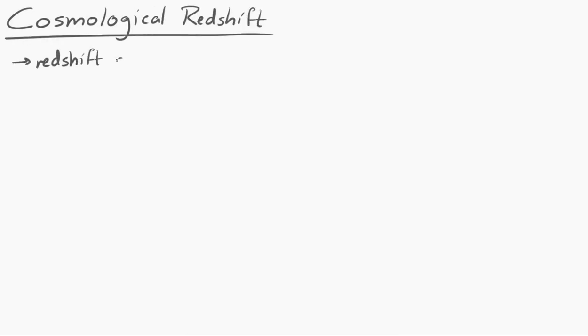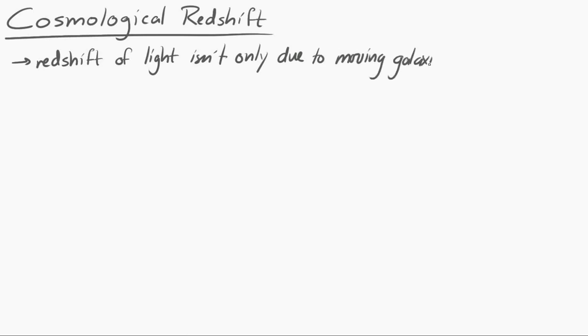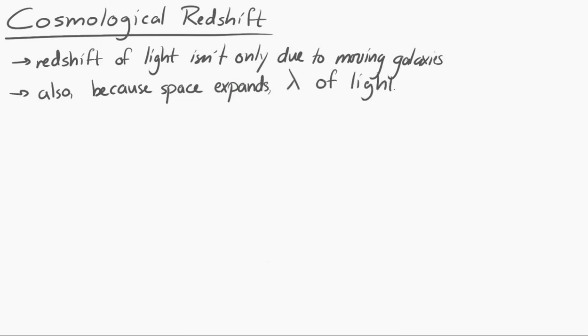All right. Now, let's think about something called cosmological redshift. So it turns out that the redshift of light is not just due to the motion of a galaxy away from us. It's also due to the idea that space is expanding. The wavelengths of light from distant objects are also made greater, they're reddened, by the expansion of the universe itself.